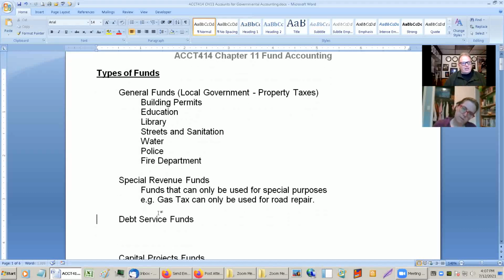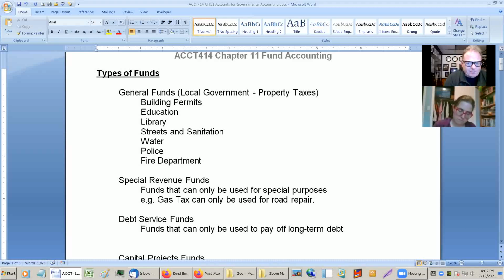Debt service fund. These are funds that are used to pay off long-term debt. They can only be used to pay off long-term debt. A city issues bonds, they have the debt service fund, and the debt service fund will actually pay those off.